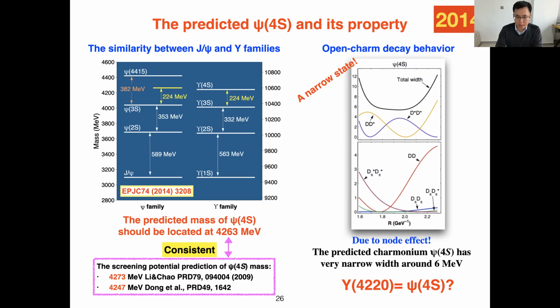I want to emphasize that this one is very important. Maybe this can provide a solution to explain the Y(4220). I also want to indicate another point: this Psi(4S) is a nanostate. According to our calculation, due to the node effect, the width of the Psi(4S) is nano.